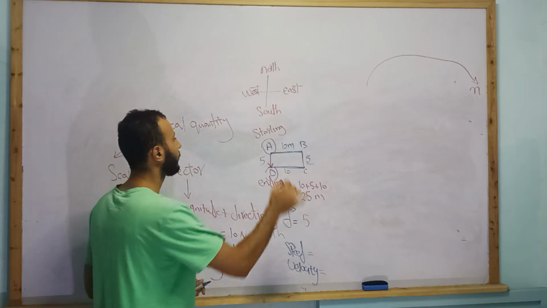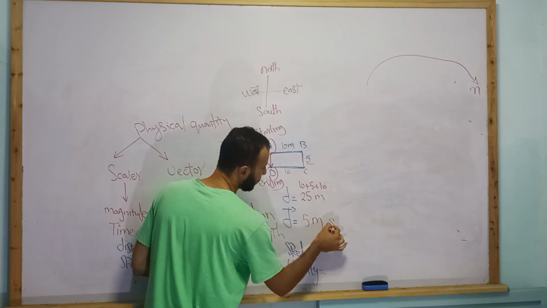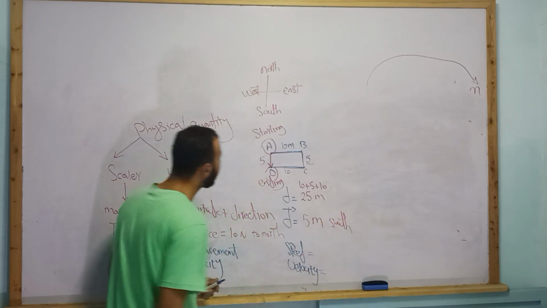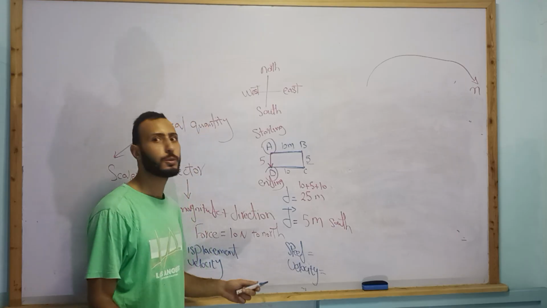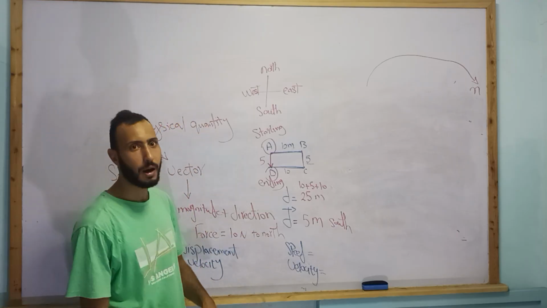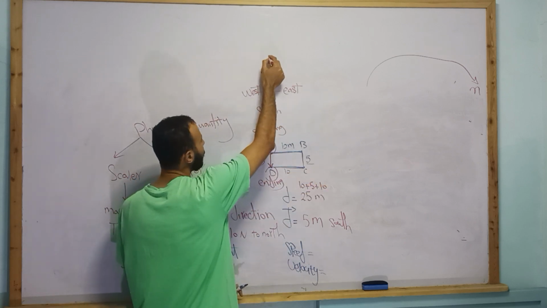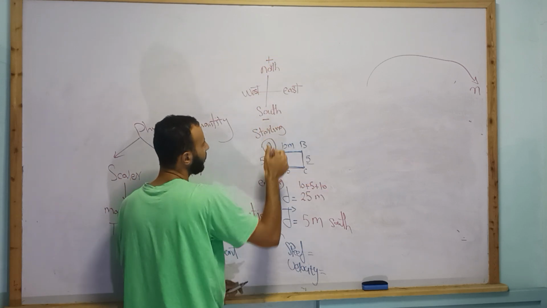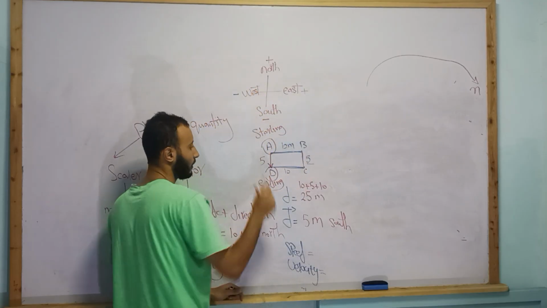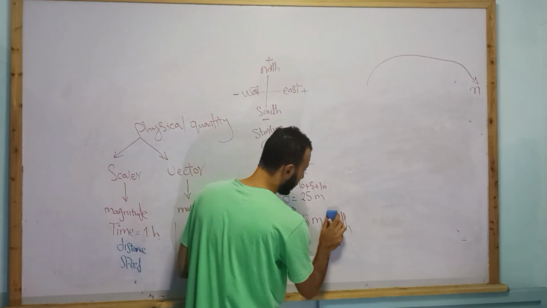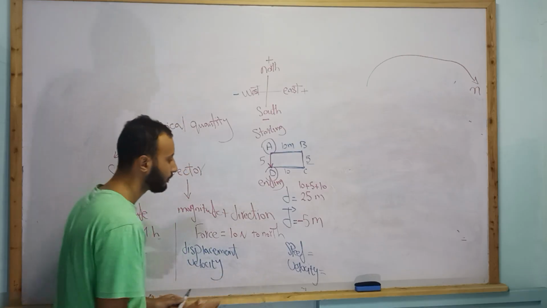So the direction here is to the south, 5 meters south. And to be honest with you, you won't find south and east and north a lot in your book, because we replace them with signs. What are these signs? North with a positive sign, south with negative, east with positive also, and west with negative. So we can remove the south and only put here -5.